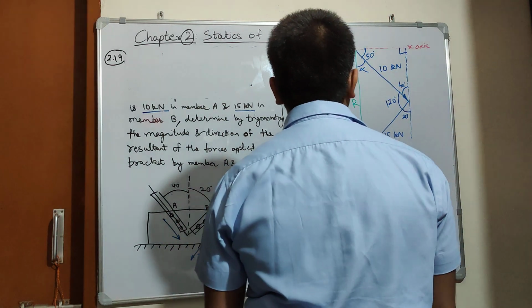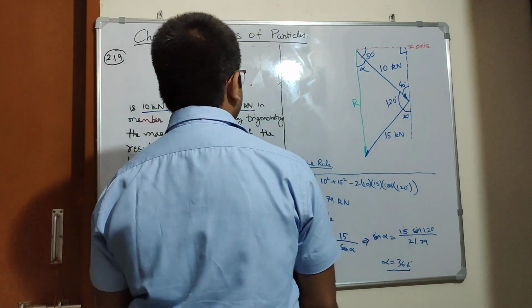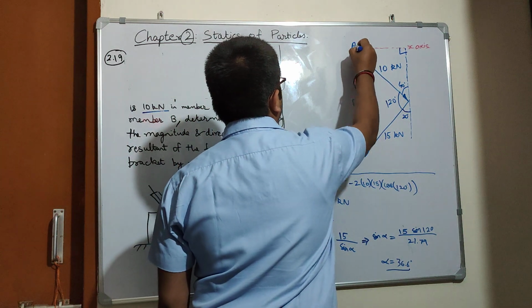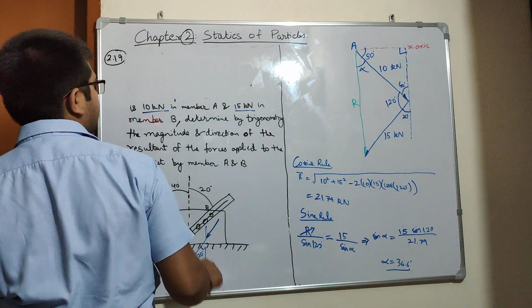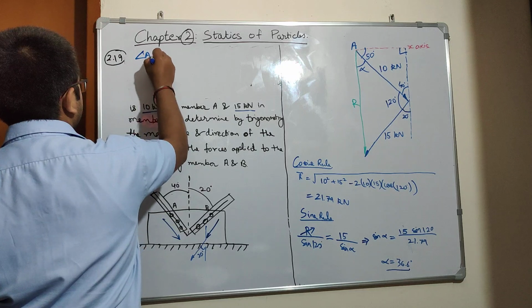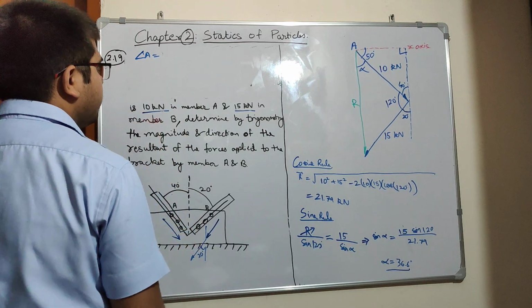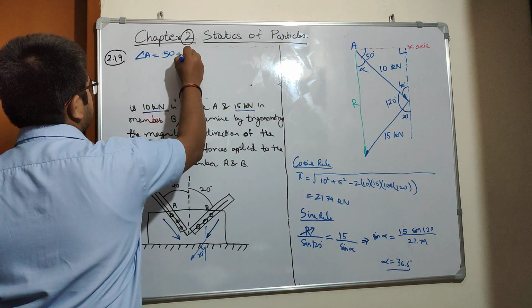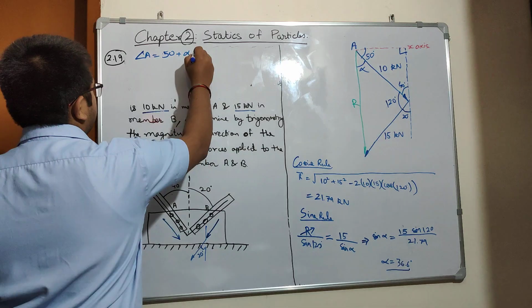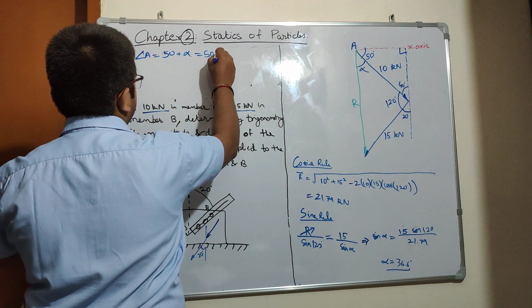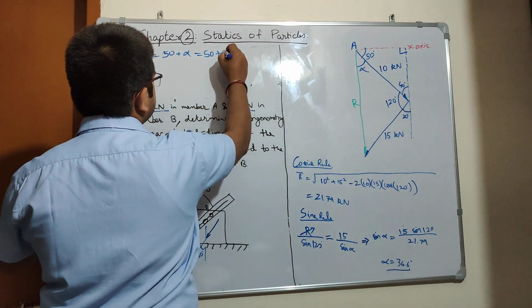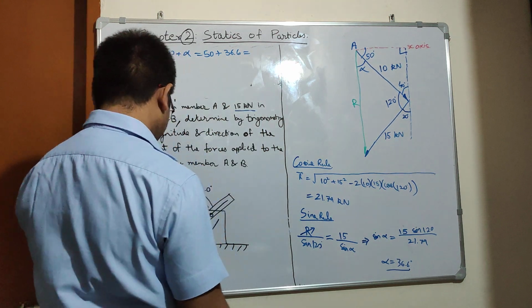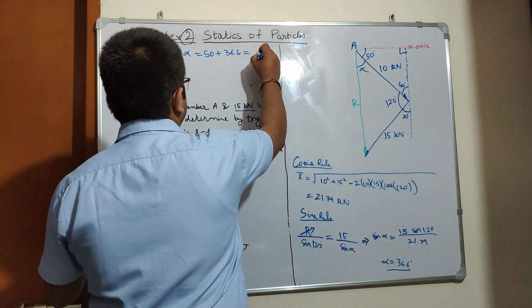And then we can see that if we give this point A, angle A will be equal to 50 plus alpha, or 50 plus 36.6, which will be equal to 86.6.